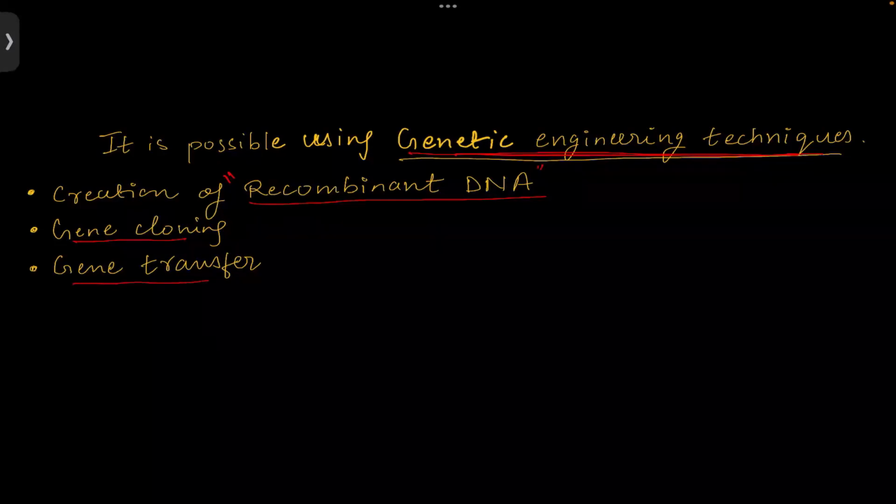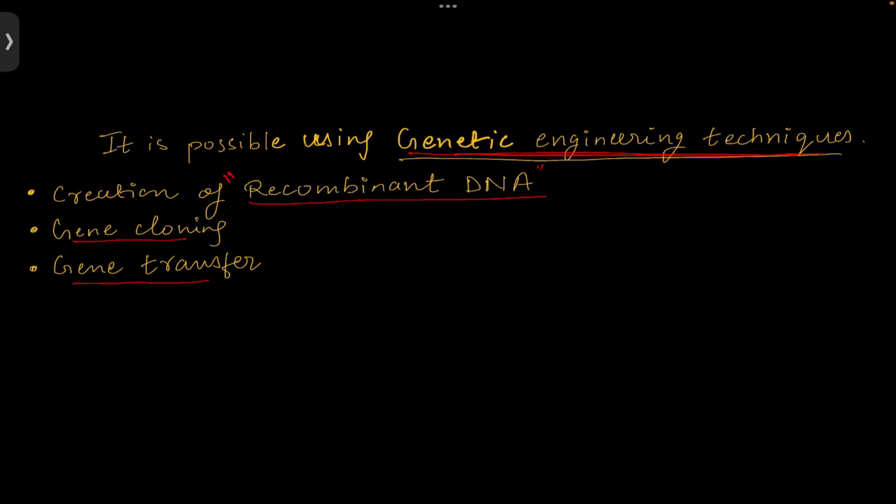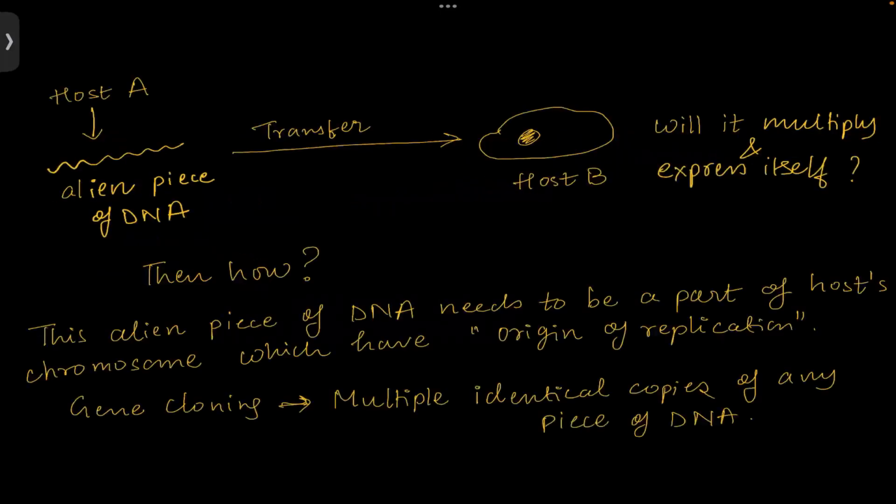So these are three important genetic engineering techniques that help us circumvent the problem of having to see undesirable characteristics in living organisms. We can only introduce the desirable characteristics that we want to see, and that gives us the useful products. That is made possible with genetic engineering techniques.